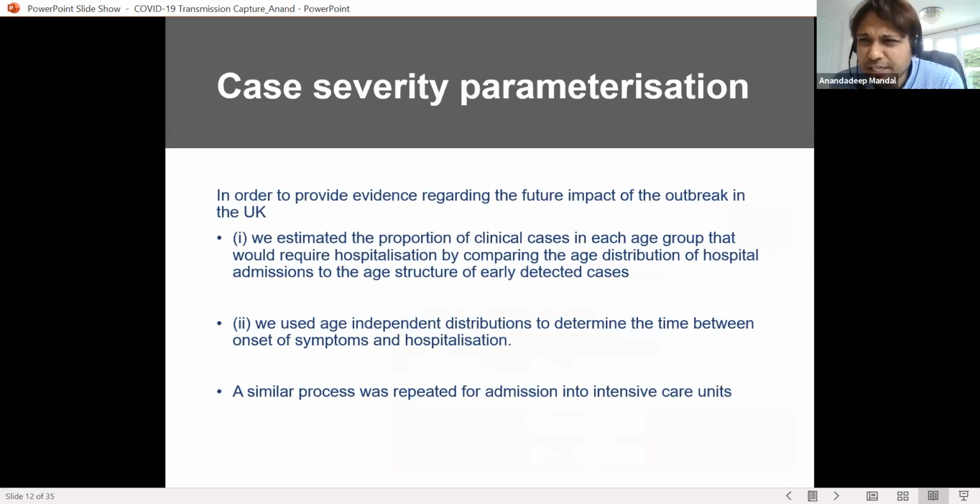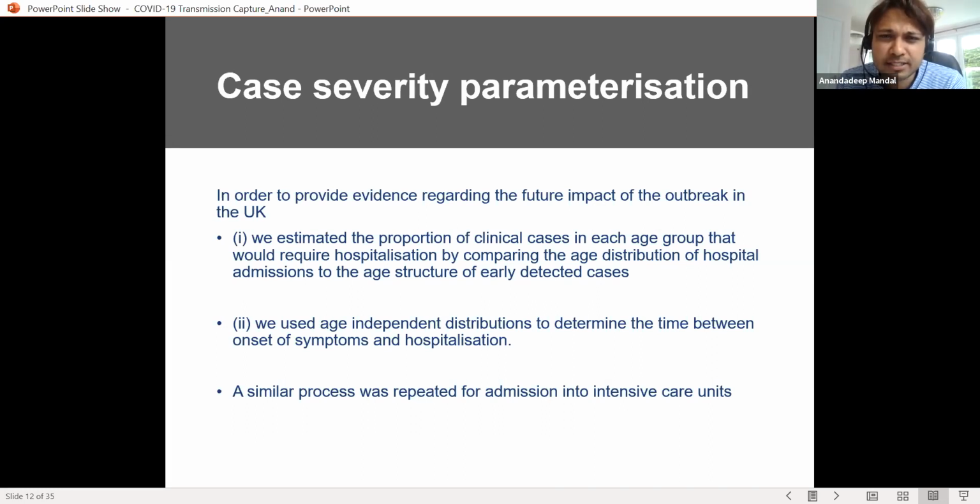Now, this was key in understanding the model, in how the model can best represent what's happening. So while developing the model, we had to have the case severity parameters checked. We had to know whether the model is good enough to understand the severity of what's happening.